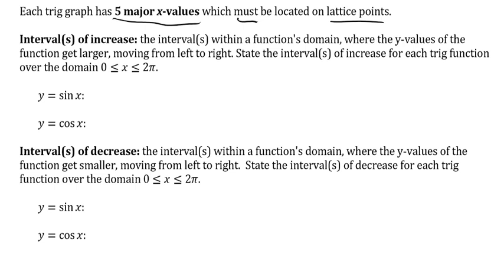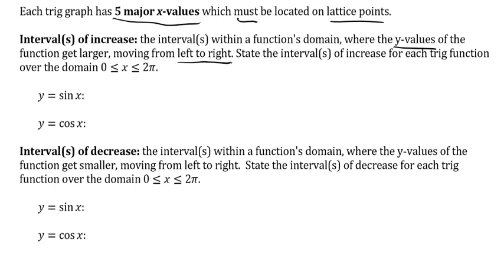So the interval of increase in a function's domain is where the y values of the function get larger, always moving from left to right. If you're moving from left to right, that means your x values are always increasing, even if they're in the negatives. If I start at -10 and I move to the right, they're getting bigger: -9, -8, -7, and so on.